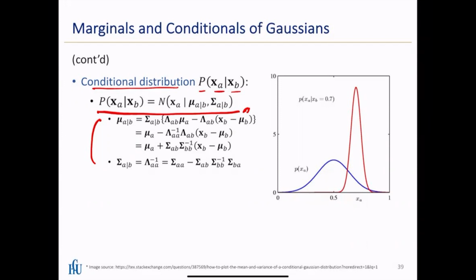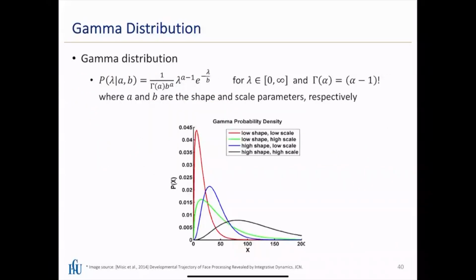So that was the univariate Gaussian distribution and also the multivariate Gaussian distribution. Let's quickly take a look at the gamma distribution. The gamma distribution's shape looks like this. It has a sort of high peak, then goes down, and the peak is usually towards 0.